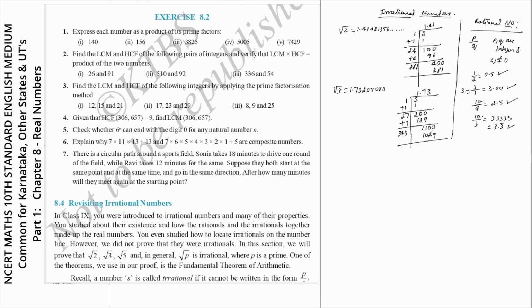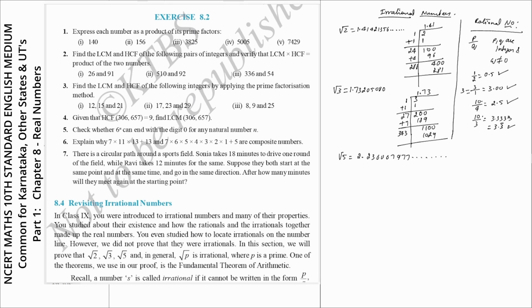So similarly, if you evaluate the value of root 5, the value of root 5 is also not terminating, and it is not recurring also. It is 2.236067977, like this it goes on.